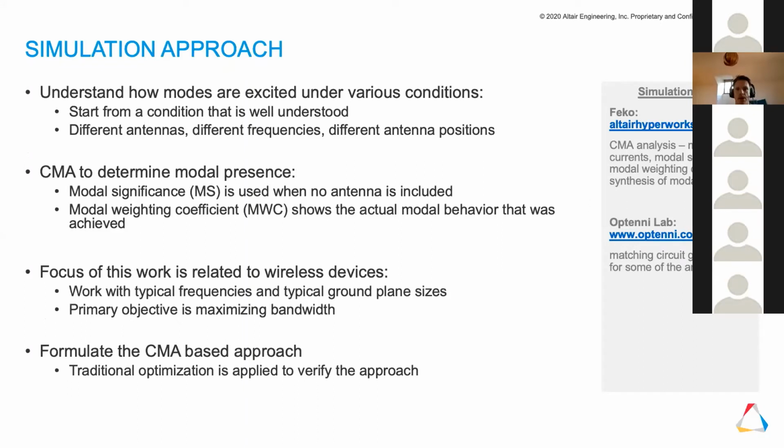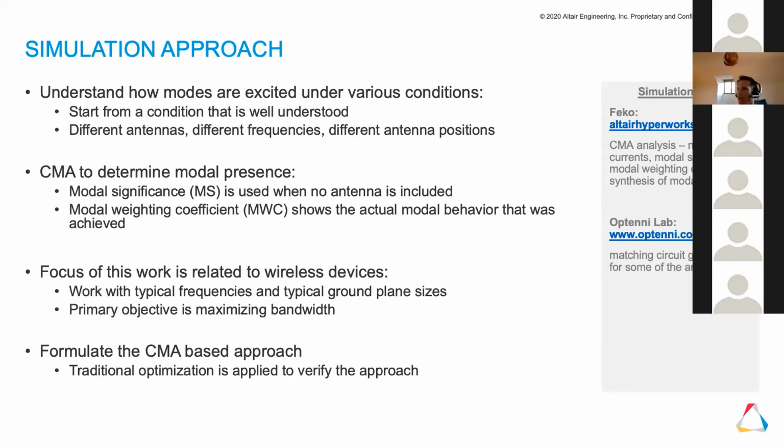As far as the simulation approach was concerned, we wanted to start from a well-understood reference, and from there make incremental changes with respect to different antenna types, changing frequencies, and different antenna positions. Throughout the whole study, we used the same ground plane size to have some sort of consistency.